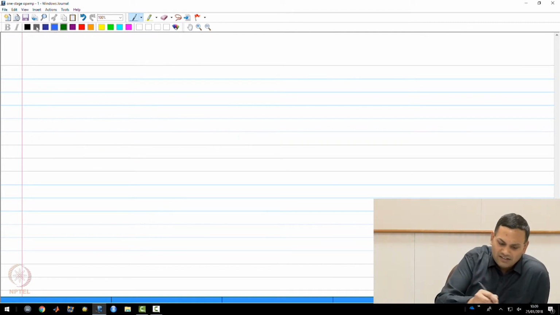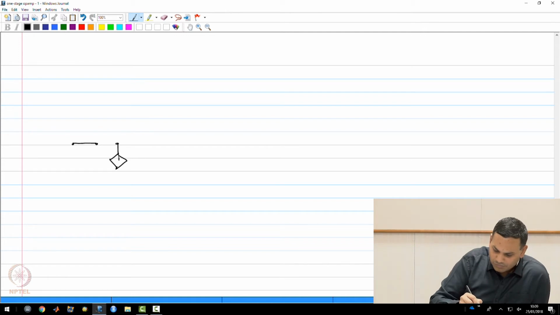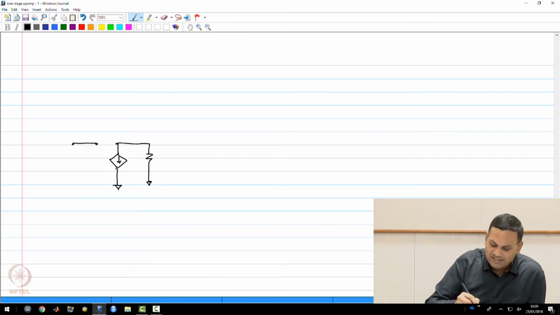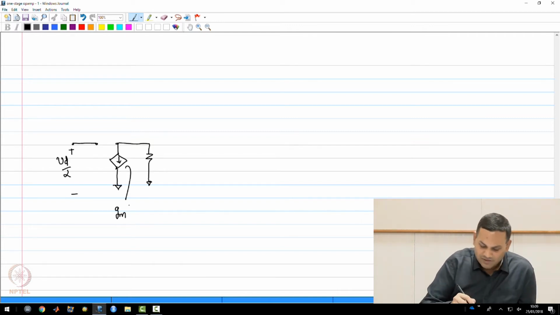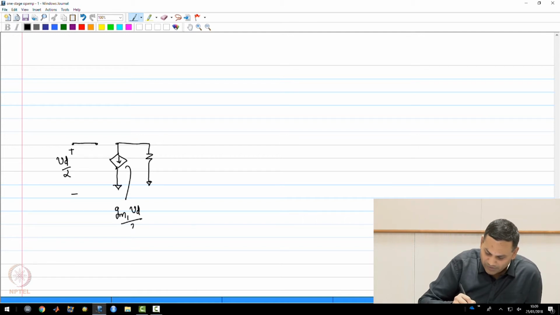So if I draw the small signal equivalent for this circuit, so this is M1 and I'm applying Vd by 2 for M1. So this is gm1 Vd by 2 and this is rds1.